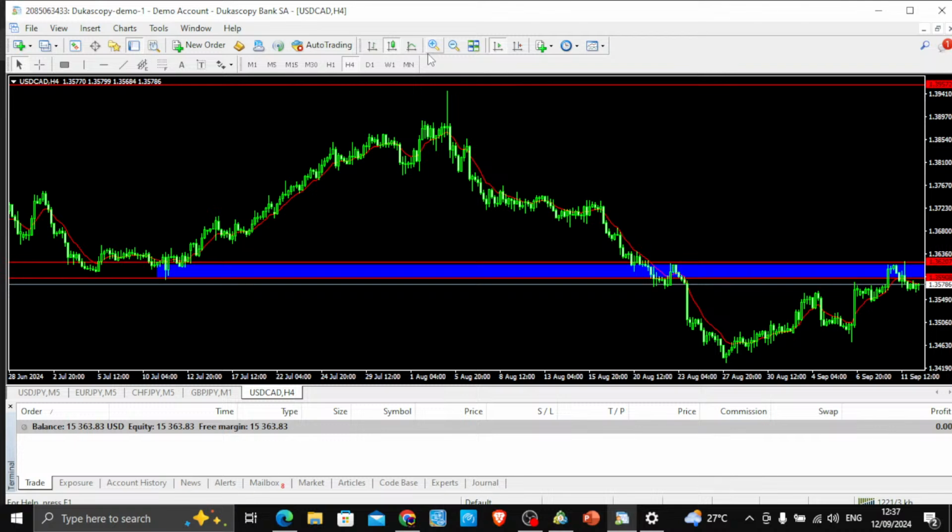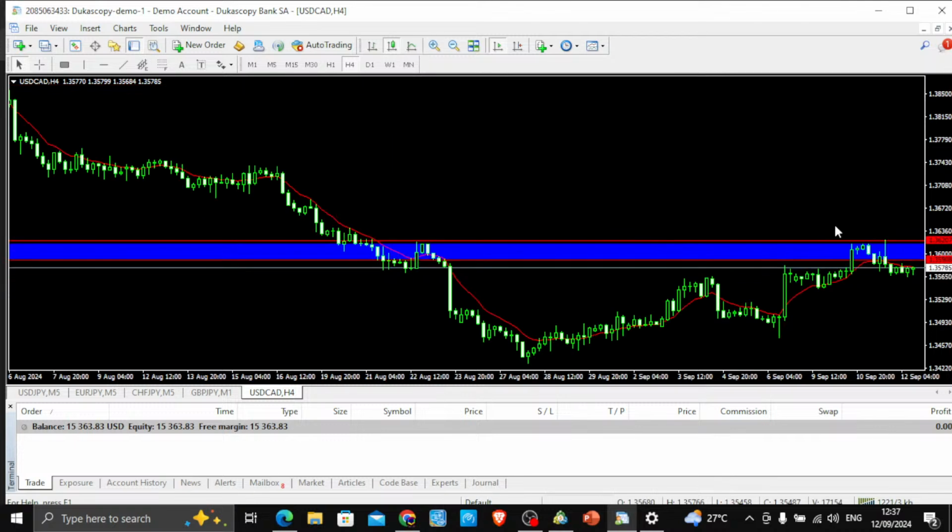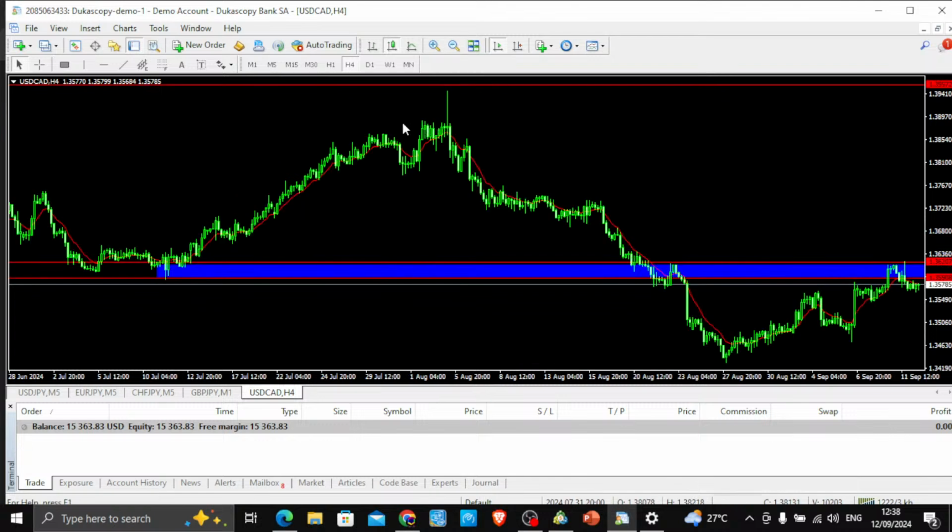If you check the candles that have been forming, let's just start from the beginning. We have this swing low here, which was taken out. Immediately it took it out, it was a free ride.